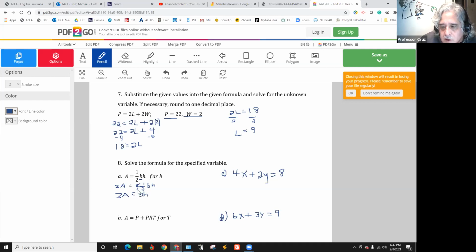So 1BH. We're solving for B. So we got to get rid of the H. It's multiplying, so we're dividing. So B is equal to 2A over H.